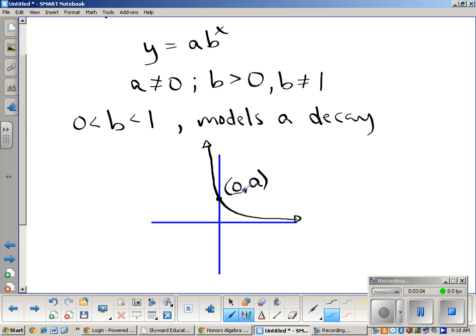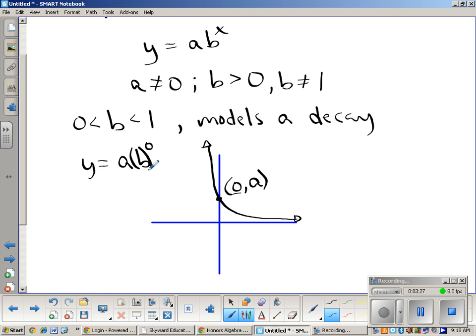That means we put 0 in for which variable? The x. And so y is equal to a times b to the 0. Does it really matter what b was? No, because once I raise it to the 0, I'm going to get 1.